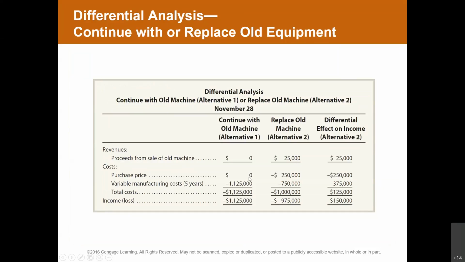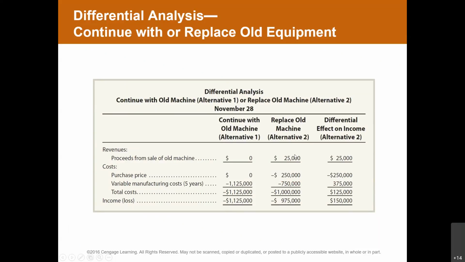Estimated annual at $225,000 times 5 is $1.125 million, which means that over the 5 years of useful life, I would be out $1.125 million.